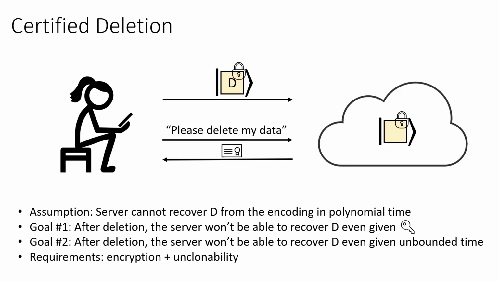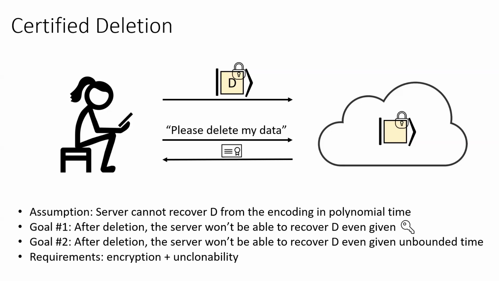So this is a couple ways to formalize what it means for the data to be deleted. And then also just to check, why am I using both encryption and quantum information to do this? Well, if the data wasn't encrypted in the first place, the cloud could just recover D, or in general, D is just some classical data that Alice has. So it's hopeless to obtain any notion of certifiable deletion in this case, because the cloud could just copy D as many times as they want and pretend to delete one version of it.